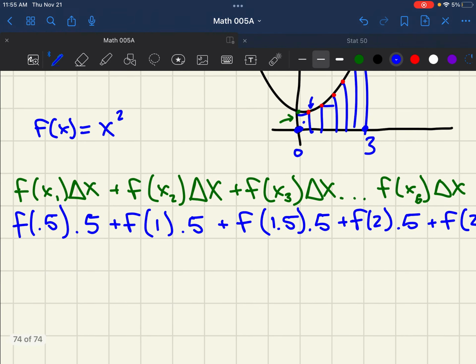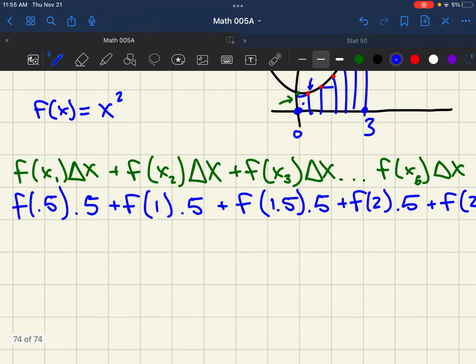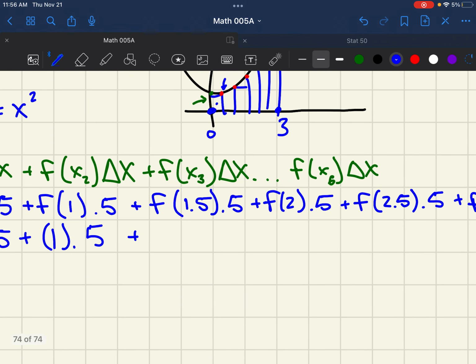So f of 0.5, we plug in the 0.5. 0.5 times 0.5 is 0.25 times delta x, plus 1 squared is 1 times 0.5. And then you add 1.5 times 0.5.